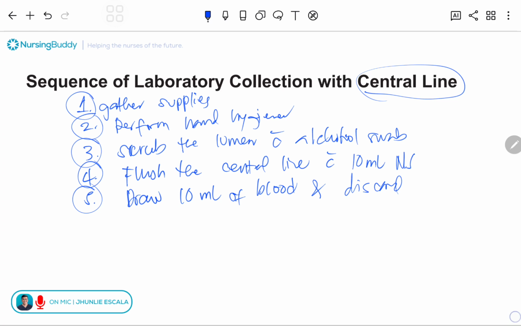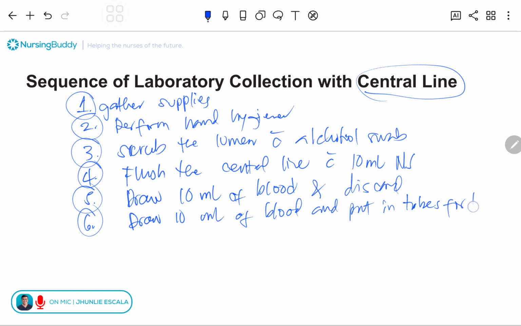And also, kapatid, number 6, draw another 10 ml of blood, class. What you're gonna do this time is put it into tubes for labs.